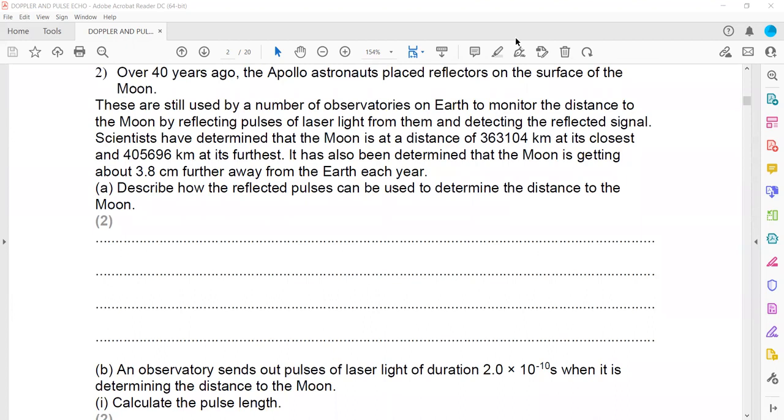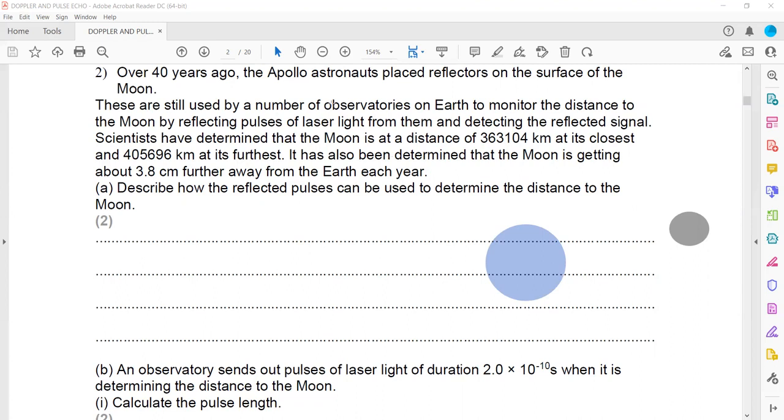Another question. Over 40 years ago, Apollo astronauts placed a reflector on the surface of the moon. So on the surface of the moon, they placed a reflector. This is the Earth. It is still used by a number of observatories on Earth to monitor the distance between the Earth and the moon by sending pulses of laser light to it and detecting the reflected light.